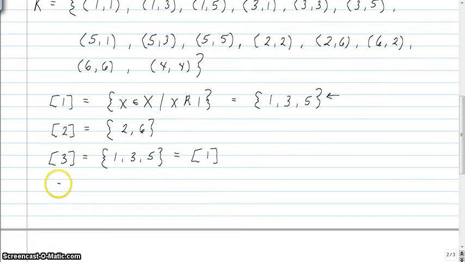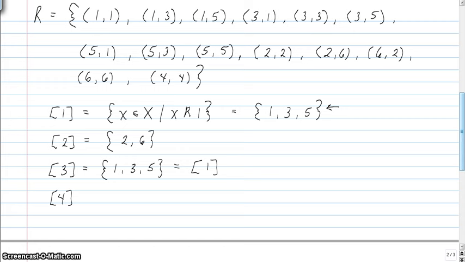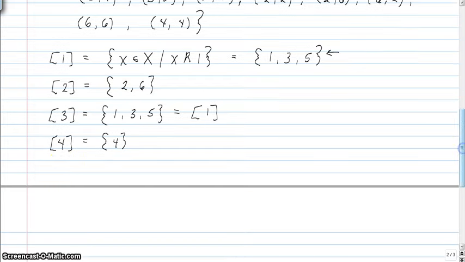Then we can look at the equivalence class for 4. As I look through all of my elements in the relation, there's only one that involves any 4. Only 4 is related to 4. We can do the same thing for 5 and 6. Real quick, if you look at the equivalence class of 5, you would find that that's 1, 3, and 5.